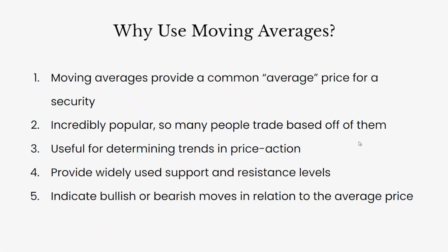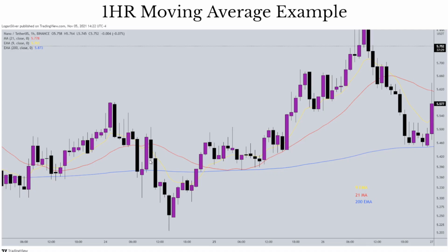Can I point out something with that one, Logan? Absolutely. So if you see in between the 25th and the 26th on there, when the 21 MA moves down to the 200, that would actually be a pretty good entry point if you were looking at it, because the 21 moving average coming down to the 200, obviously the 200's like your super significant, important longer term moving average.